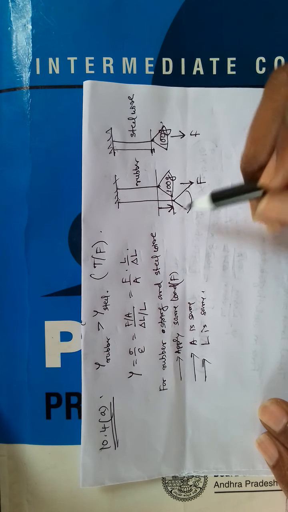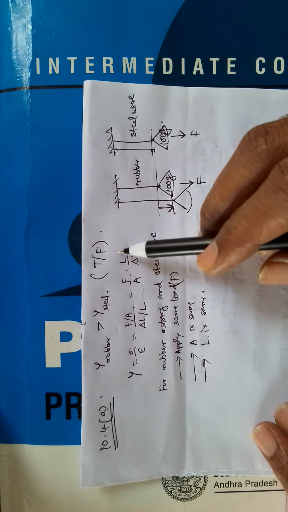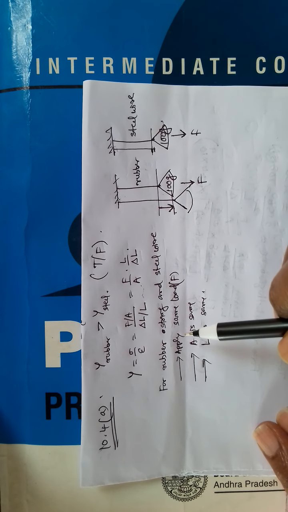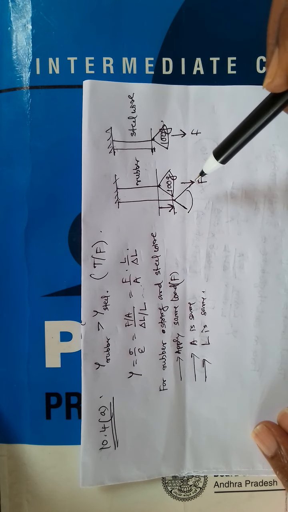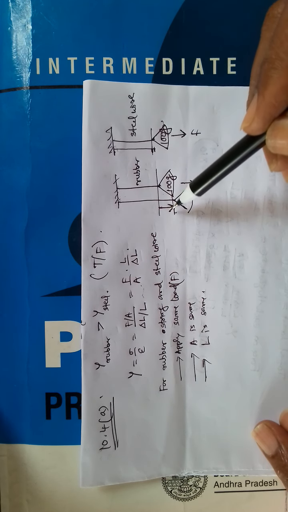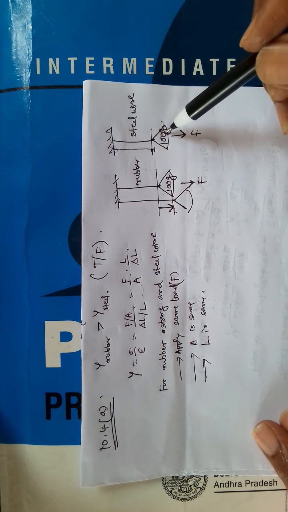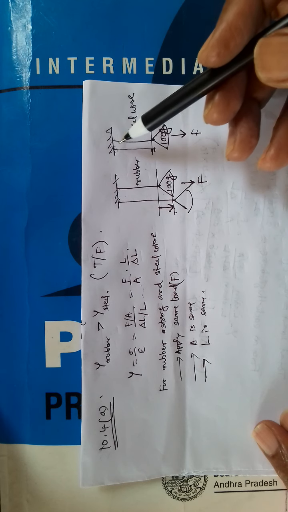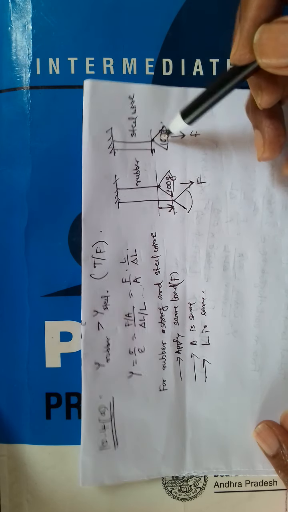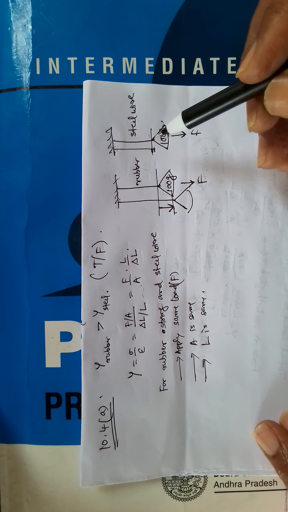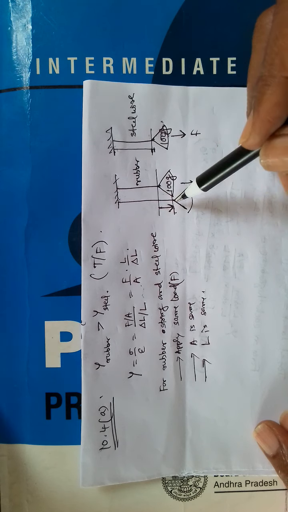So for the same load, same cross sectional area and same initial length, the extension produced is more here compared to this. 100 grams means it will not elongate for our steel wire. A very small mass. But in case of rubber, it stretches appreciably.